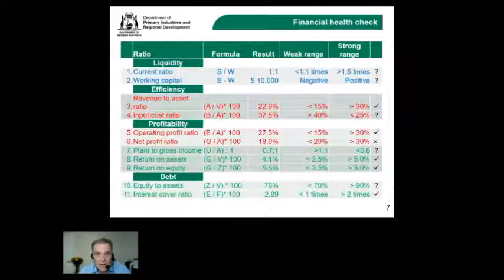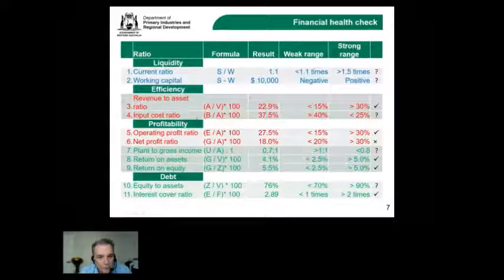Could we change our plan with our sheep such that those assets are generating more revenue rather than less? So I've given this one a tick for our model farm because it's in that sort of ratio, towards the middle. I'd like to know what it was last year before I got too comfortable with that.